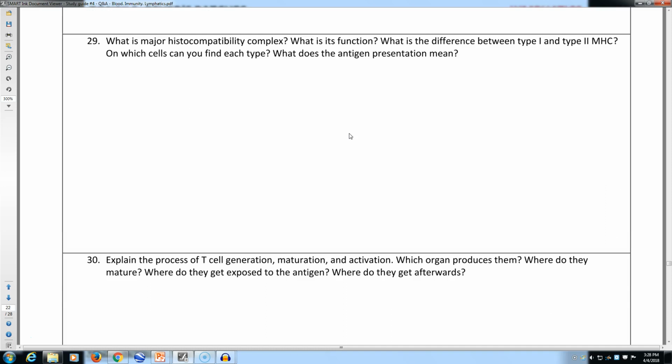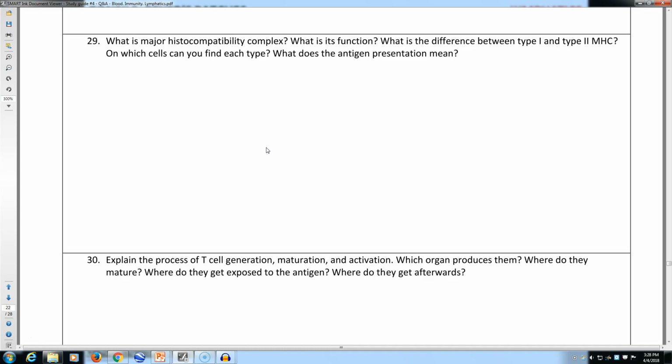MHC. So we mentioned this. You need antigen to be presented to T cells. Does that make sense? The three types of antigen presenting cells are dendritic cells, B cells, and macrophages. Which MHC molecule will present antigen to CD8 cells?